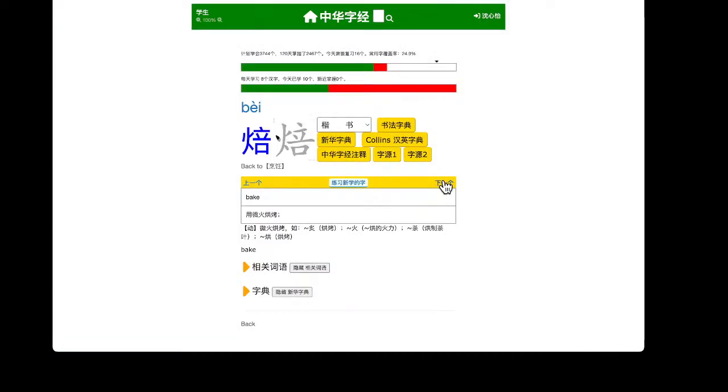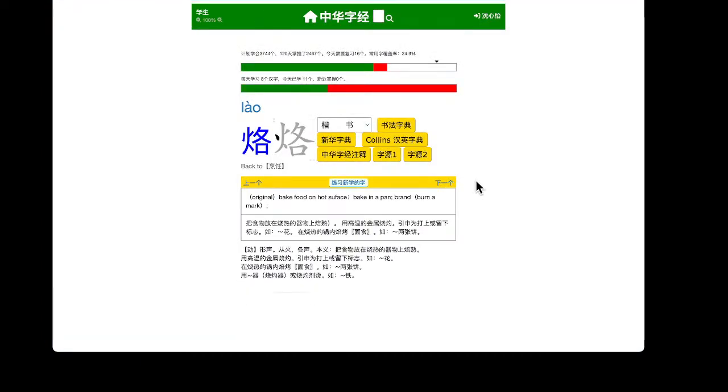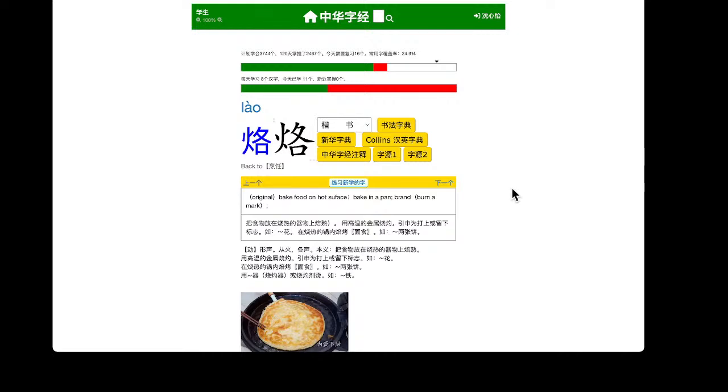This is bei. Next one, lao. Lao is baking food on a hot surface. Bake in a pan on a hot surface. It's open air, but baked on a hot surface. That's called lao.